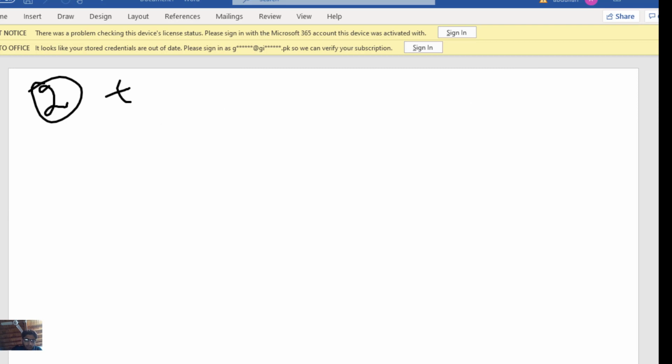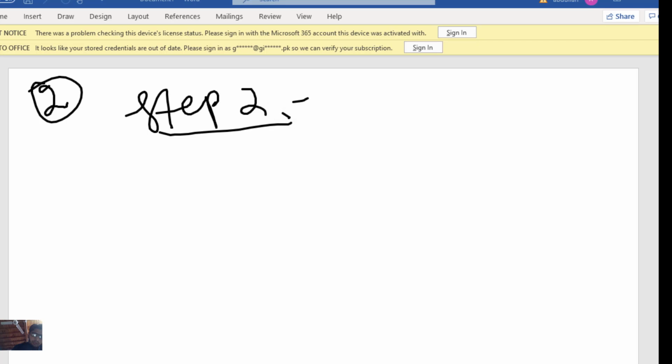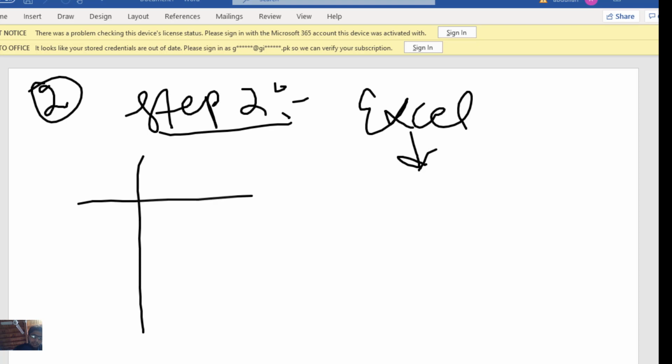Then in the second step, we use Excel. We will go to Excel and plot this data, time versus concentration.